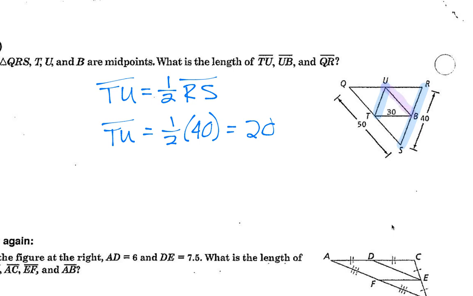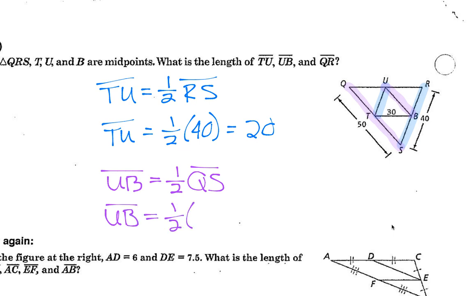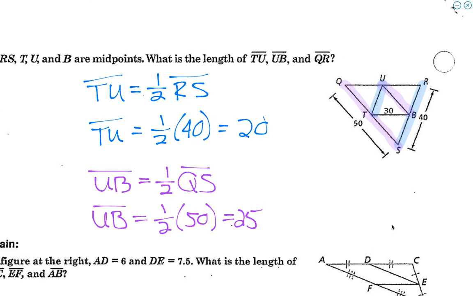UB is going to be 1/2 of QS. And TB is going to be a little bit different here. TB is already given. So TB is already 1/2 of QR.